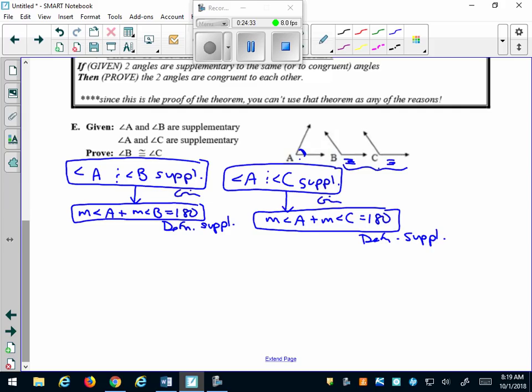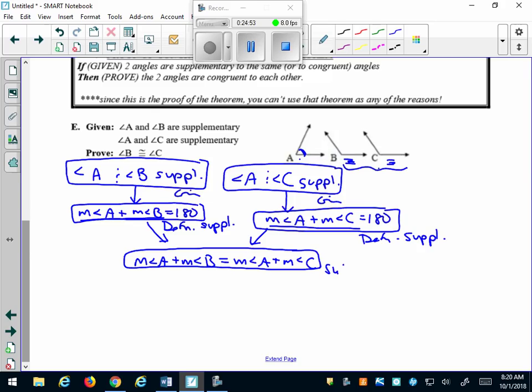So since both of these expressions, A plus B is 180 and A plus C is 180, if two expressions are equal to the same amount, we can set them equal to each other. So measure of angle A plus measure of angle B equals measure of angle A plus measure of angle C by substitution.